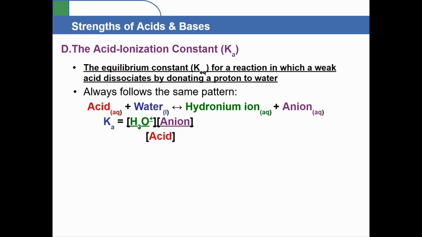Now, since acids each time only lose one hydrogen at a time, the coefficients are always going to be ones. You're not going to have to worry about balancing these equations. It's always going to be a 1-to-1-to-1 ratio, and therefore there are no exponents in the Ka.